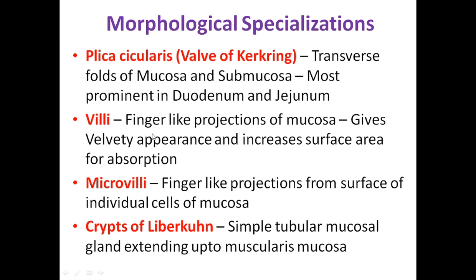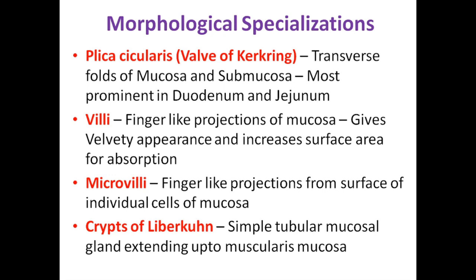Now over the submucosa, in the individual plica circularis, there will be again multiple finger-like projections of mucosa, which are called the villi, and which give the mucosa a velvety appearance, and increase the surface area for absorption. So that is a very important modification, the presence of villi, finger-like projections over the plica circularis. So there is an increase in the amount of folding. First it was mucosa and submucosa, then mucosa itself now further folds more.